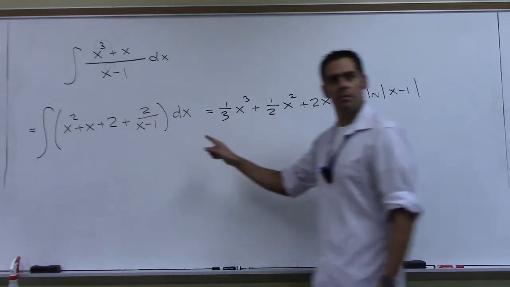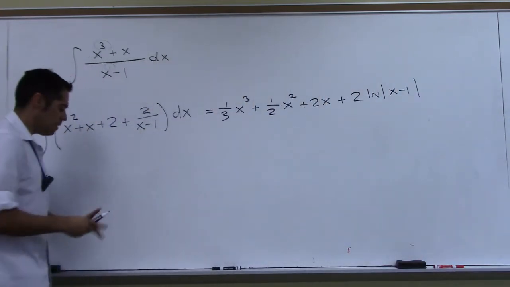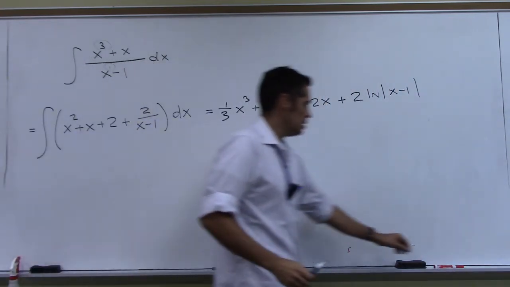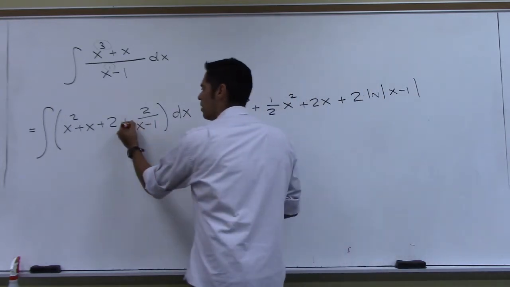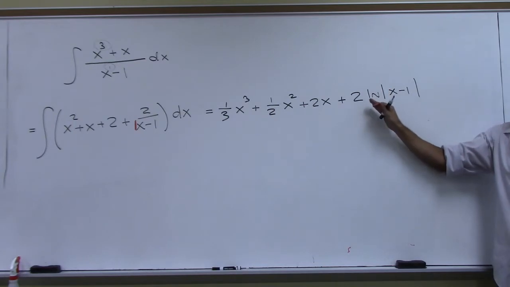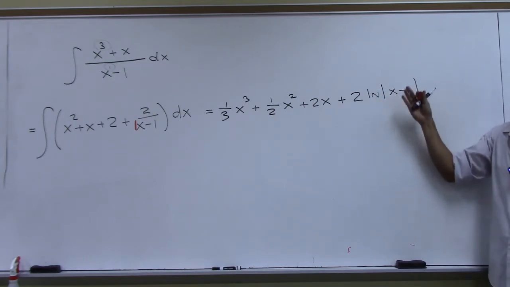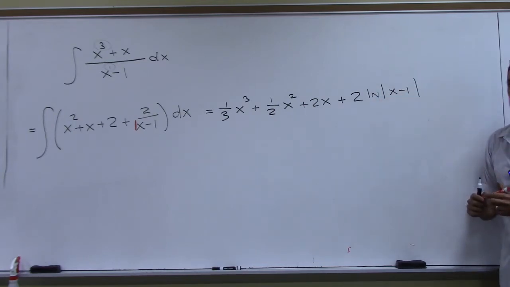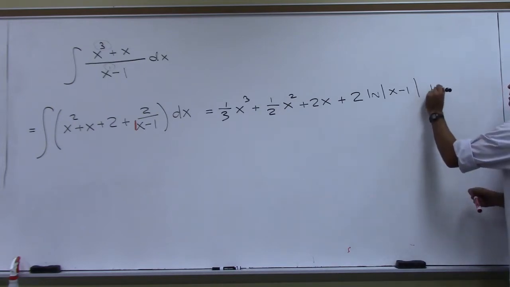Do you all agree with this? The 2 comes out. Remember we were talking about earlier, you have to be careful. This linear expression has a 1 in front of it, so we don't have to scale anything out on the outside. It's just 1 over u, so the antiderivative is natural log. Plus c, and I'm done.